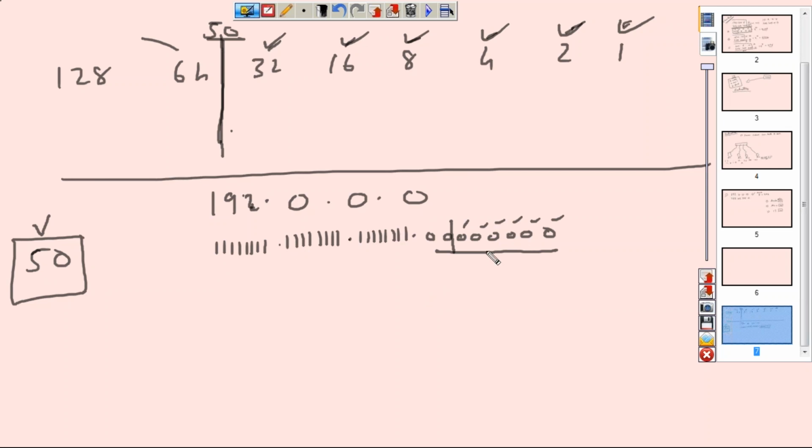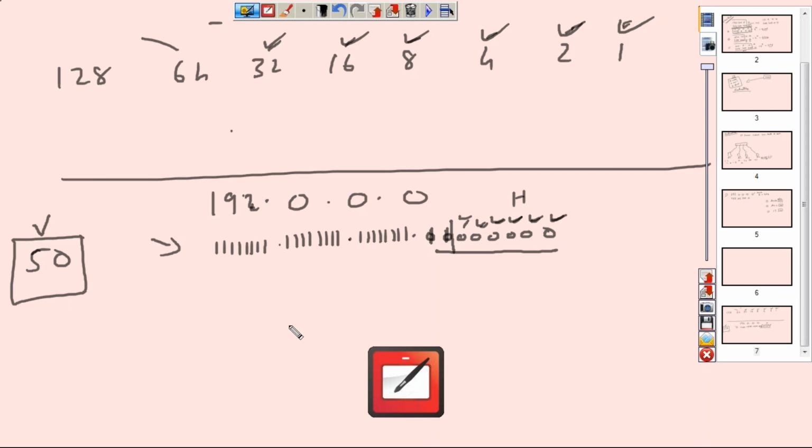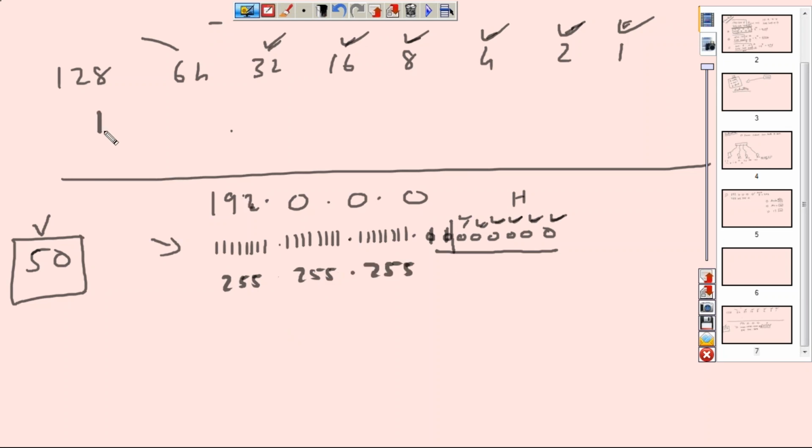We need 6 bits to make a network of size 50. So on our subnet mask, what we're doing is we are assigning these 6 for which part? Is it the network part or the host part? On the right is always the host part, right? And whatever we don't need, we are throwing into the network side. From zeros, we are changing it to ones. So now if I reconvert this back to decimal, what do I get? 255, 255, 255, and on this we have 1, 1, and the rest are all zeros, which means I need to use those two.